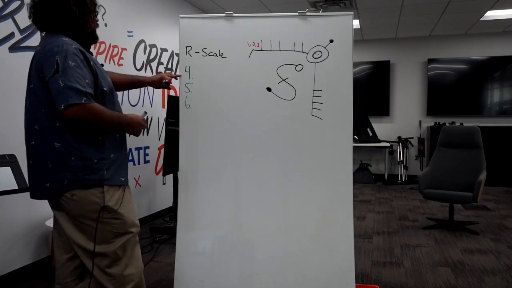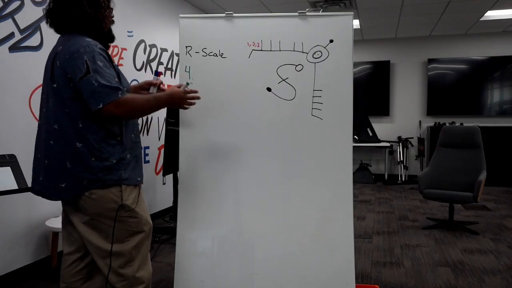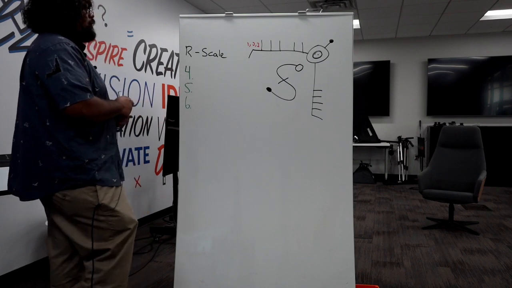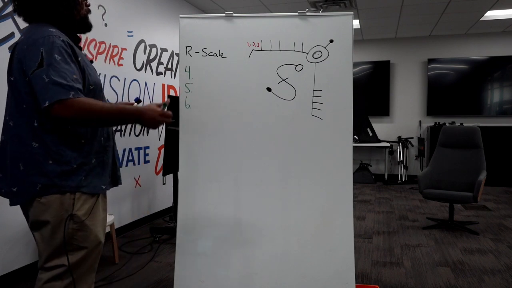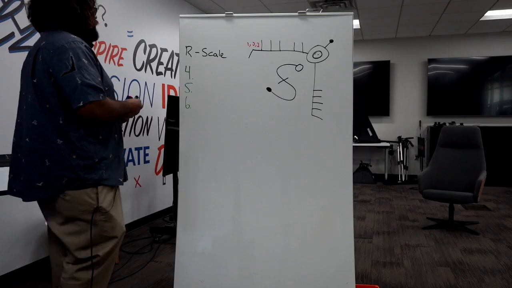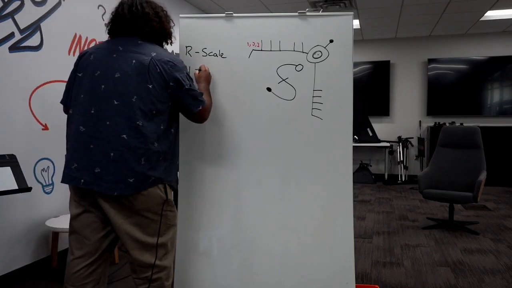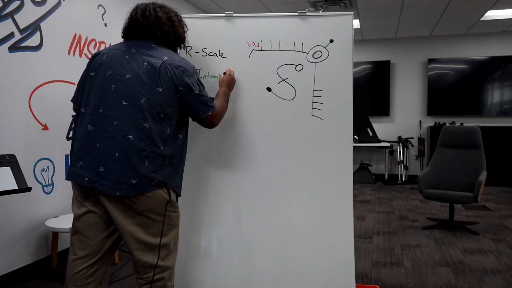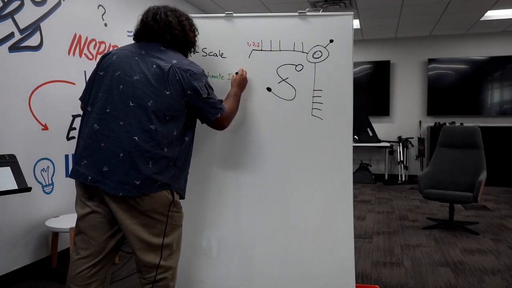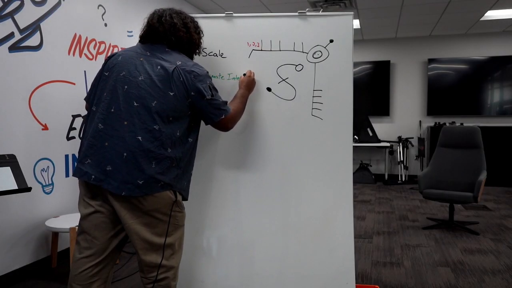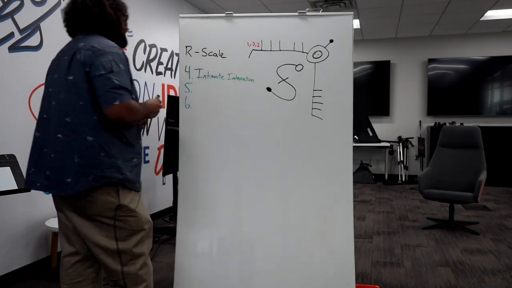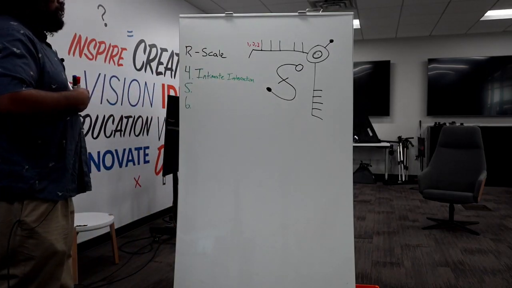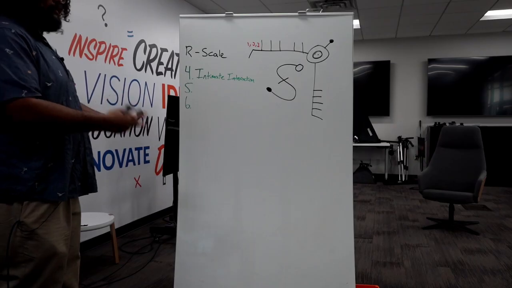So the first step into intimate communication is referred to as intimate interaction. And the term intimate means one individual with exactly one other individual.